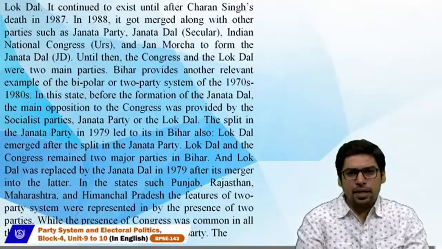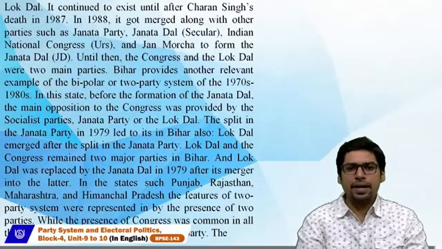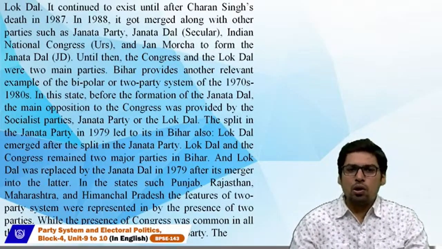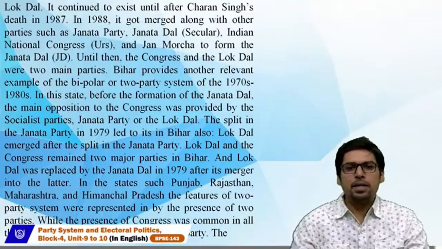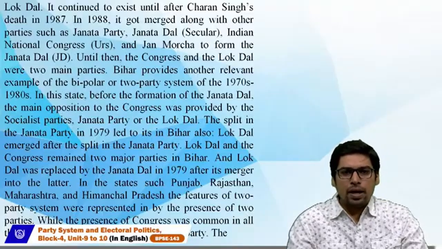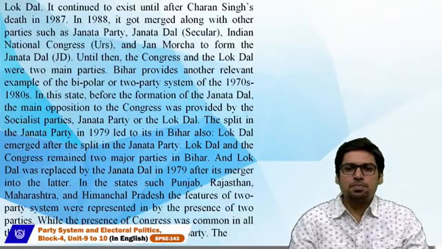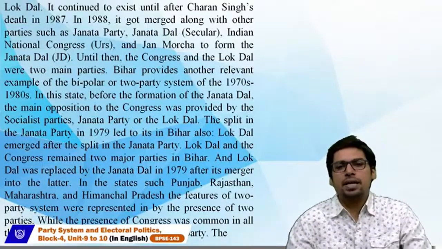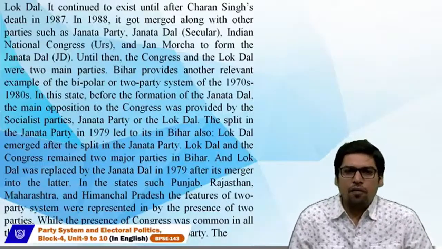The split in the Janata Party in 1979 had its effect in Bihar also. Lok Dals emerged after the split in the Janata Party. Lok Dal and the Congress remained the two major parties in Bihar, and Lok Dal was later replaced by the Janata Dal after its merger.